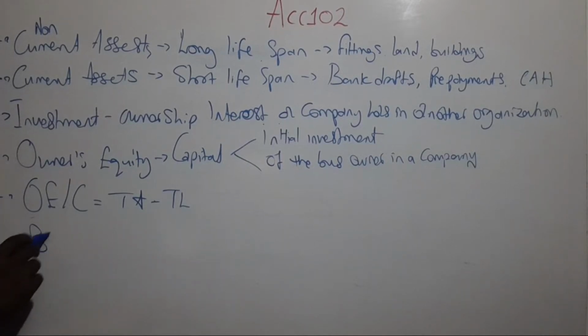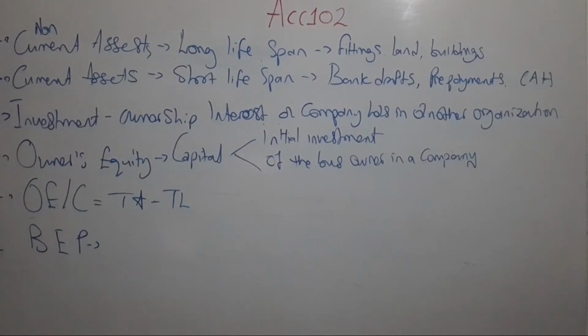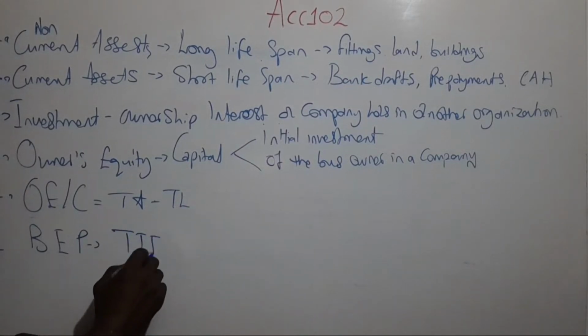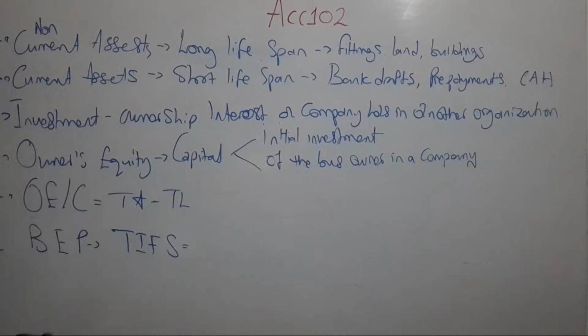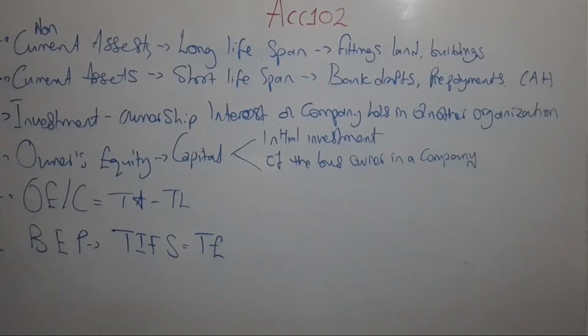The break-even point is determined as the point where total income from sales equals total expenses. Then we have the break-even point.